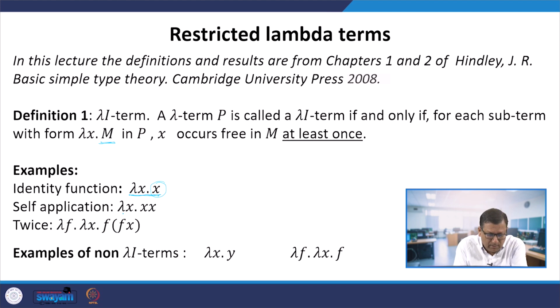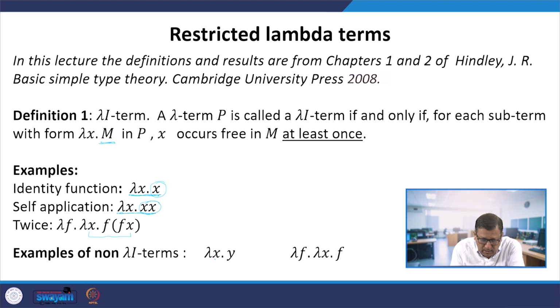Self application: here again the term and the subterm are the same thing, and x occurs twice. Similarly, in this term, f occurs twice in the body. Now when you consider this subterm, x should occur at least once, and x is occurring once. So these are all examples of lambda I terms.